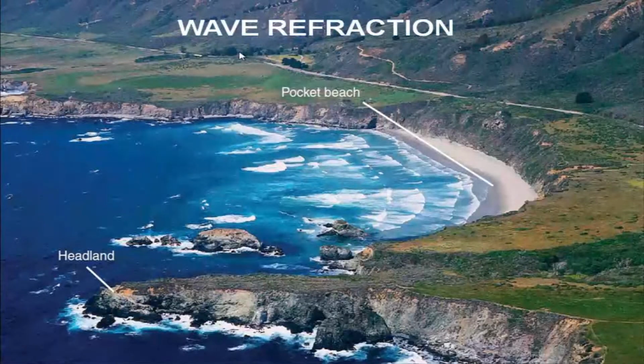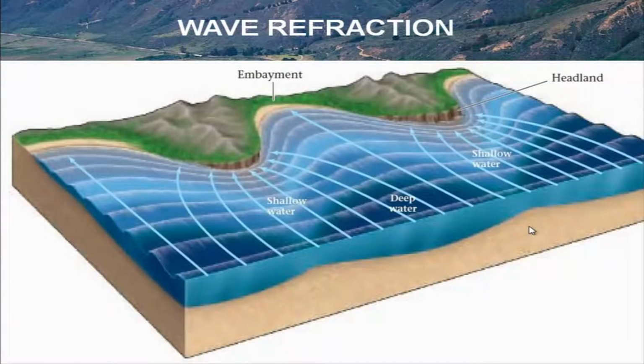Then wave refraction: depending on the configuration of the coastal landscape, the wave action will also vary, and in some regions wave refraction will take place, and this results in the formation of different landforms, which are depositional landforms and erosional landforms.